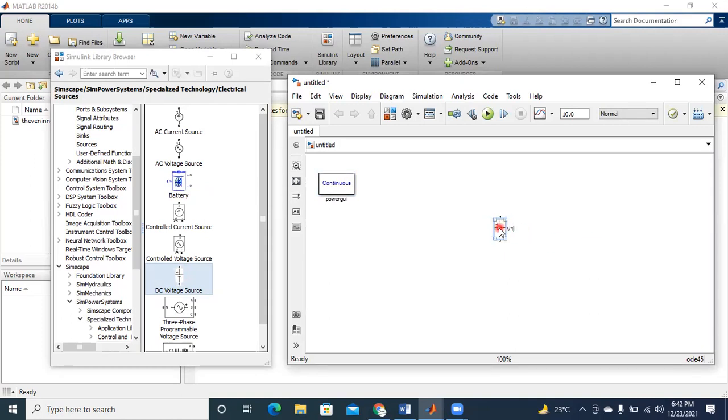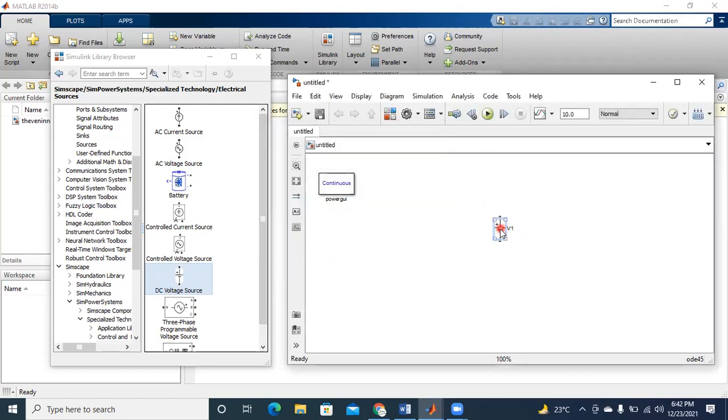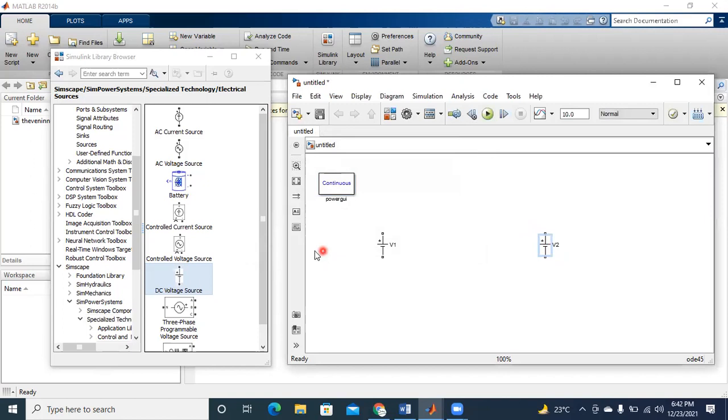The voltage V1, that means source 1, has a voltage value of 15 volts. And the second source has a value of 10 volts. In such a way I'm going to design.